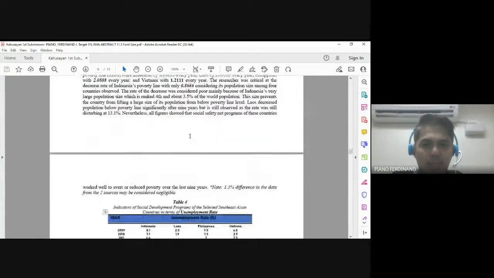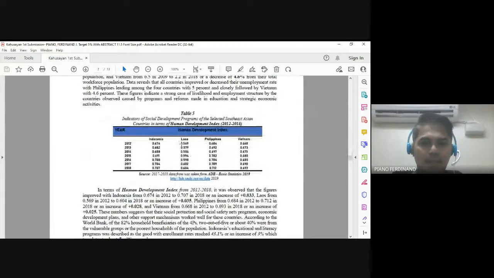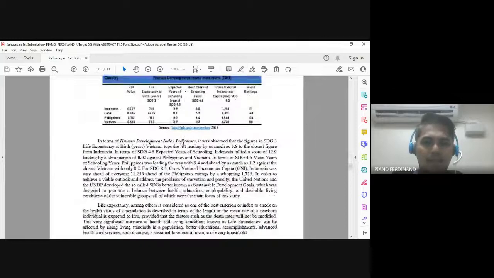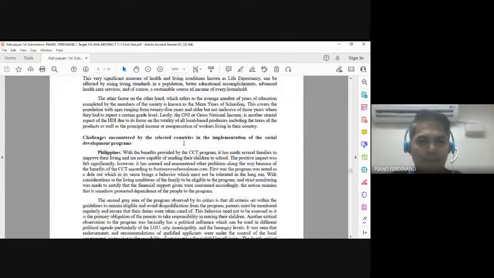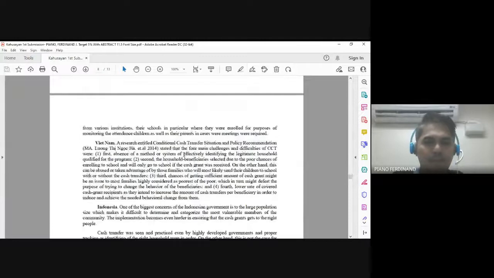Same thing for table 3, same thing for table 4, same thing for table 5, until table 6. Okay po? And then since meron po akong question regarding challenges encountered, isa pang tanong din yan sa SOP. So andito po yung kanyang discussion.